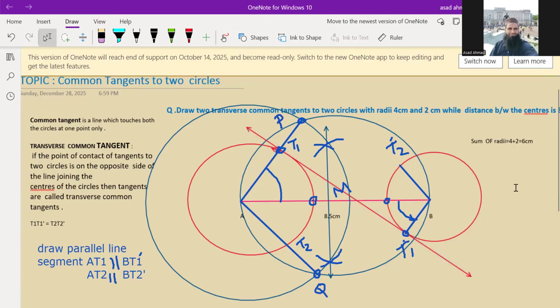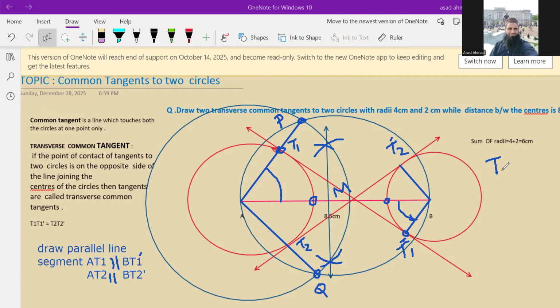So this is the first transverse tangent. Similarly, we will draw another one by joining the points of intersection. The important part in this diagram is drawing the parallel lines, so that the tangents touch the circle at one point only. This is how you have to draw. So T1 to T1 dash and T2 to T2 dash, these are the two tangents.